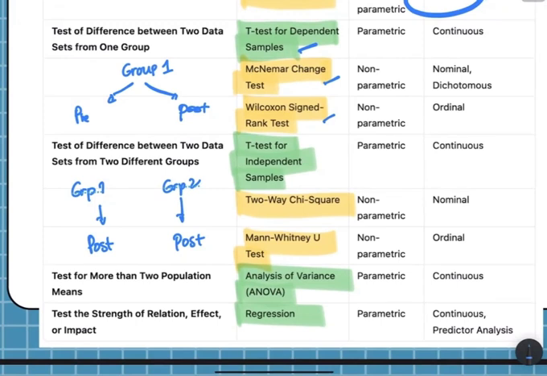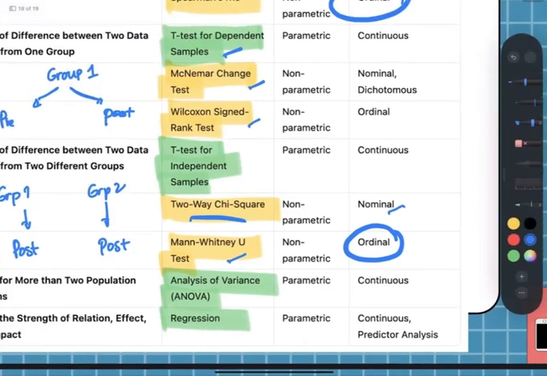T-test for independent samples for continuous data, okay, which is a parametric option. Your two-way chi-square is a non-parametric test for nominal data, for association between two categorical variables. And for your ordinal data, we use your Mann-Whitney U-test. Ordinal data, actually class, this one is your Likert scale.